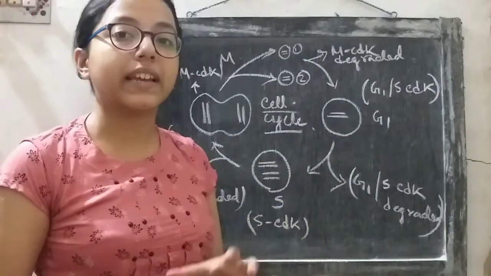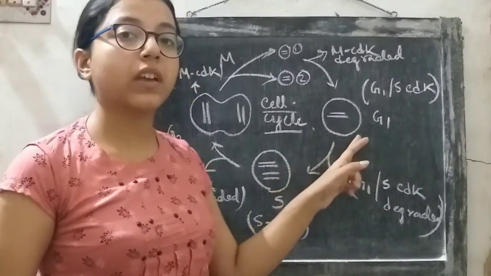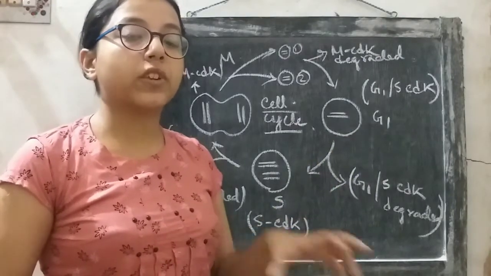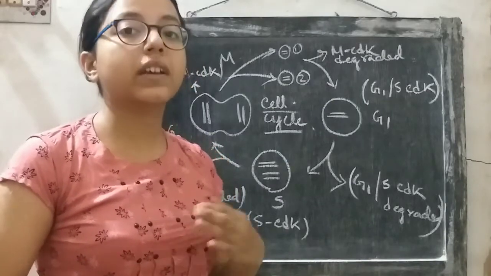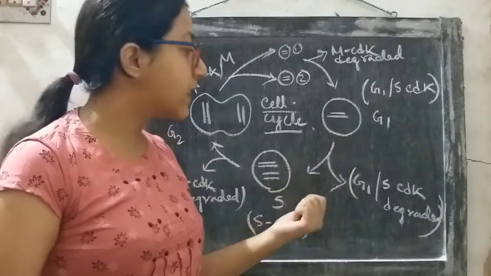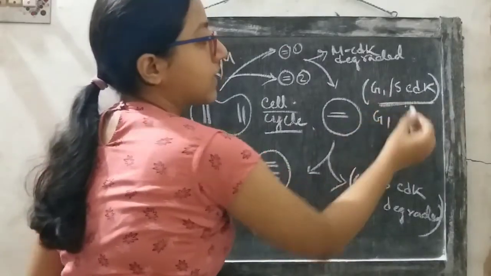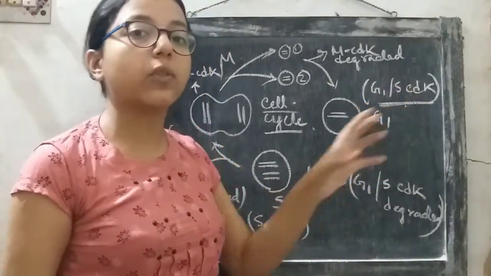What are the roles of cyclins and CDKs? So when the cell is going through the G1 phase, CDKs or protein kinases required for the progression of the cell into the S phase will be synthesized. So their levels will go up. And once the cell enters the S phase, the work of this cyclin CDK complex, the work of this CDK, these protein kinases' action are over.